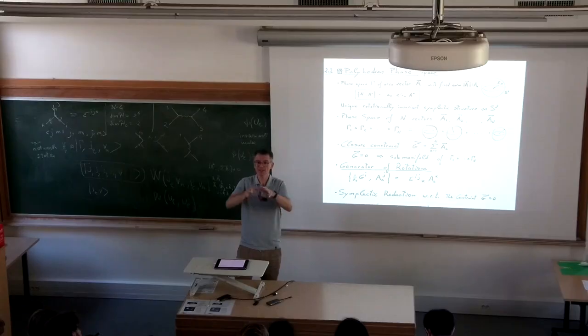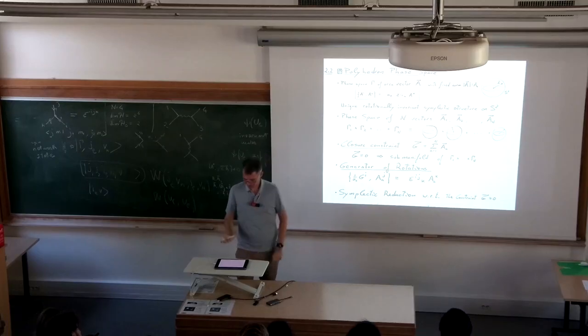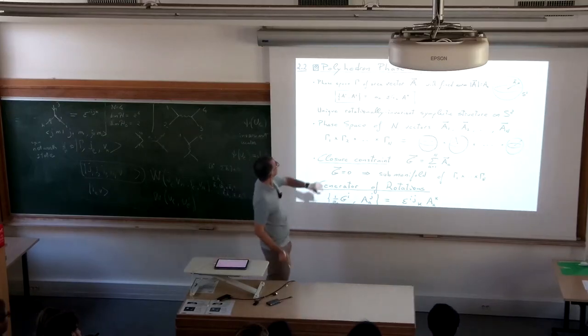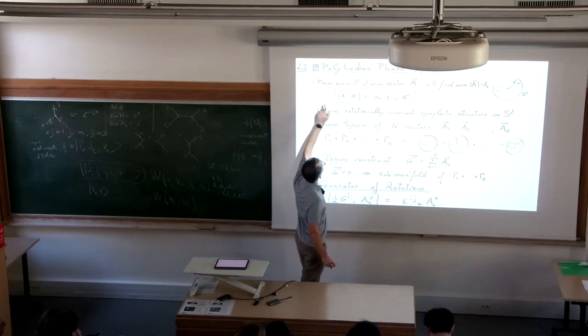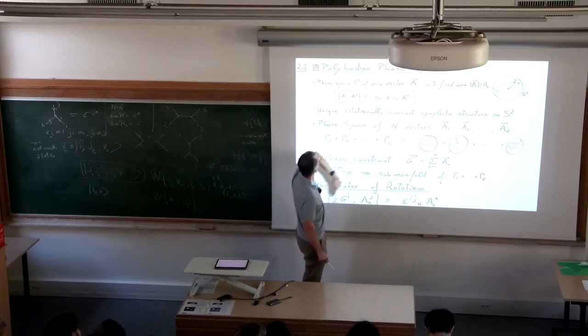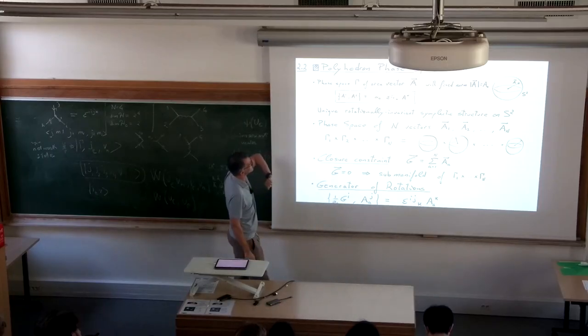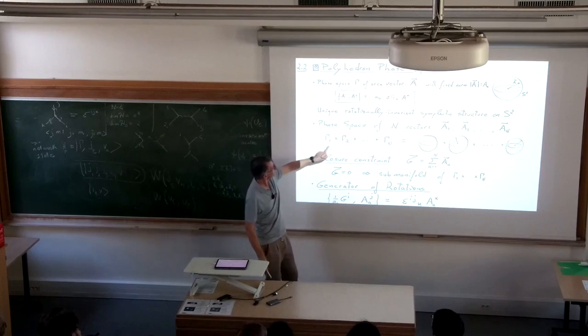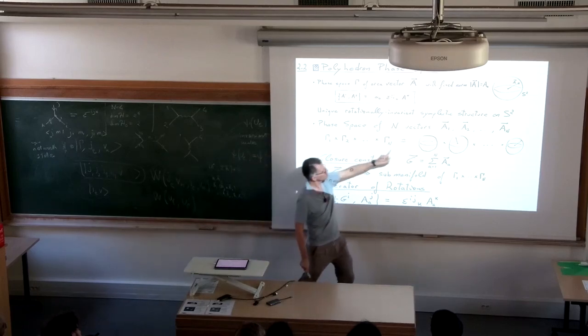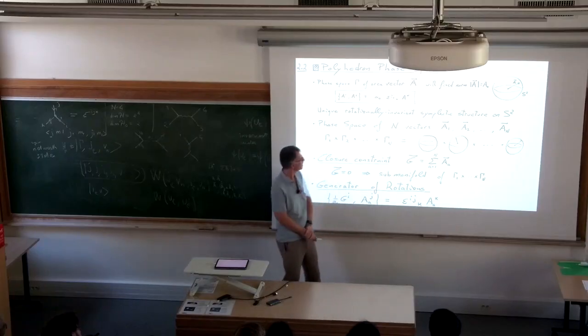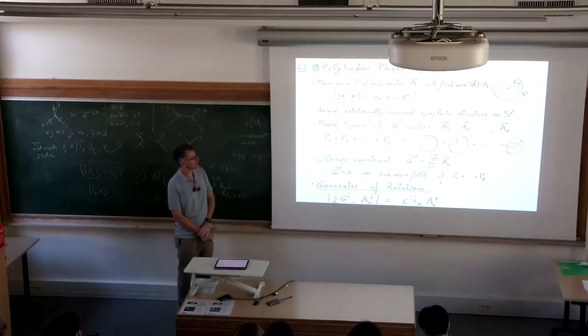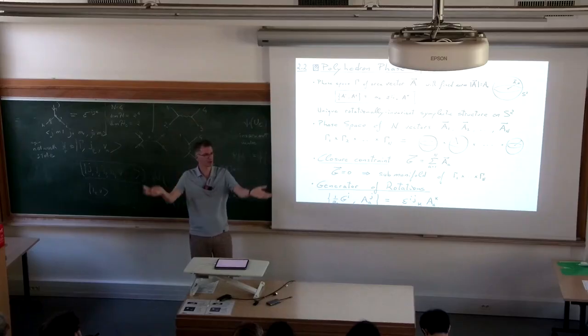And so I'm going to just take the unique object that has the correct transformation properties. We did it for the area vector. We know the structure. It's unique up to rotation. If I have n of them, I just have a Cartesian product of many phase spaces. But now I have to impose a constraint, the constraint that all these vectors close.